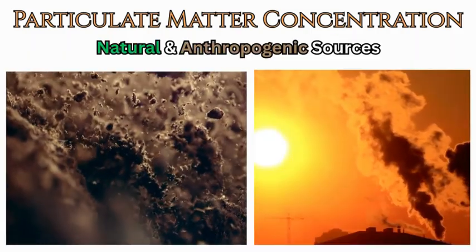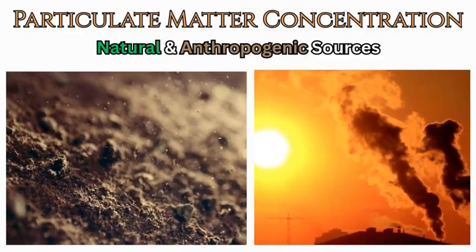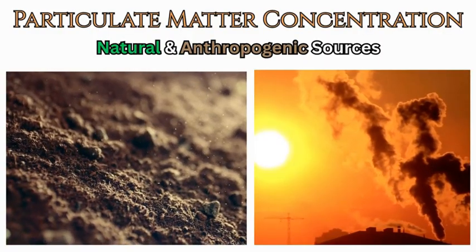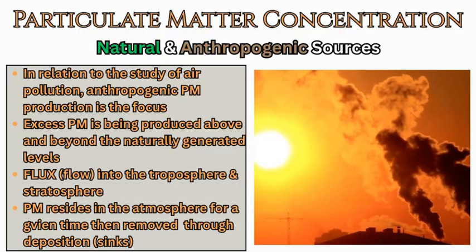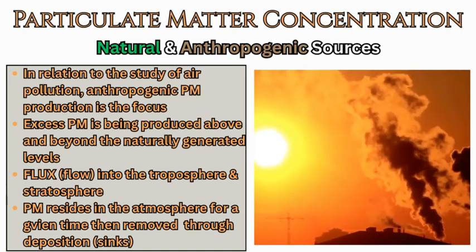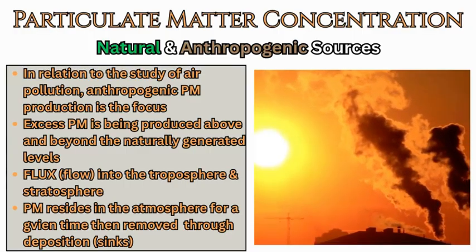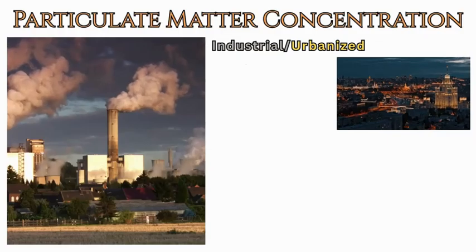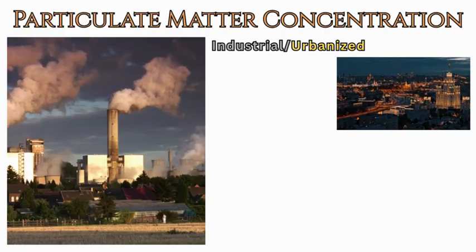So we know that it comes from both natural and anthropogenic sources, and the focus of the air pollution component of this video is the anthropogenic, the excess particulate matter which is produced and then flows into the atmosphere, and it's going to reside and stay in the atmosphere for a given time before it is removed through different sinks and deposition. So the concentration can vary. Obviously, it'd be greater over industrial areas, urbanized areas, cities, conurbations, and suburbs.